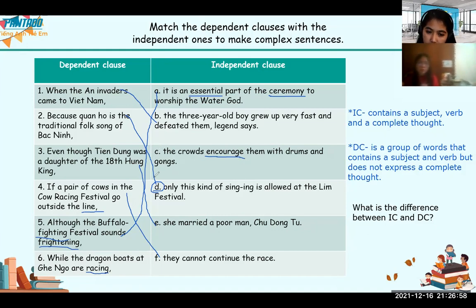Okay, so this is number 6 for letter C. Okay, so is this your final answer, Ngok? Would this be your final answer?